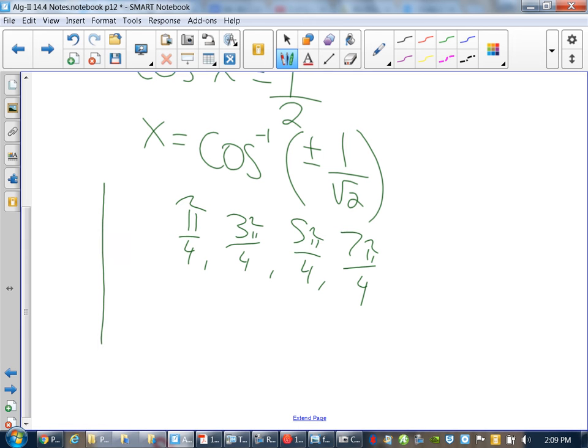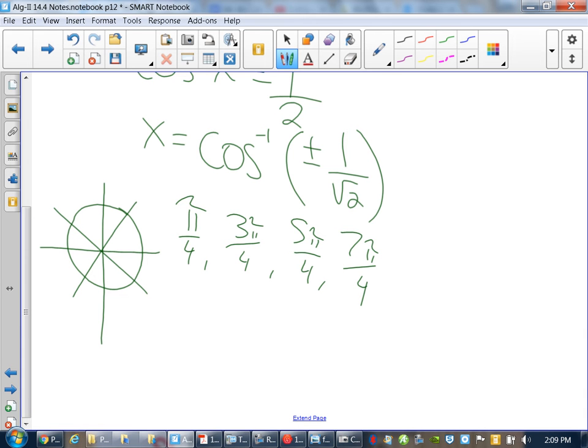Each one of these is 90 degrees apart from one another. Because if you go back and look at how we built our unit circle, we knew we had 4 right angles, and the distance between each root 2 over 2, to the negative root 2 over 2, to the positive root 2 over 2 and back and around, all those lengths are the same, so it creates a square.